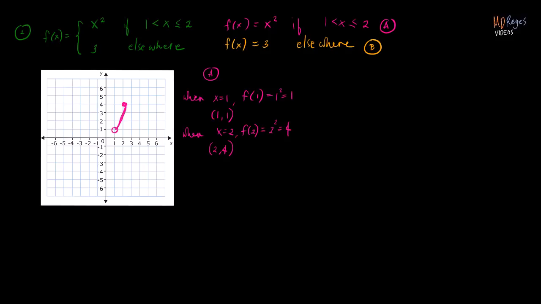So when we say the function is a constant function equal to 3, the function is always equal to 3 on x greater than 2 and x less than or equal to 1. Wait, let me just redraw the first function. Okay, just to make it clearer. Okay, this is function b. Okay, 3 elsewhere.